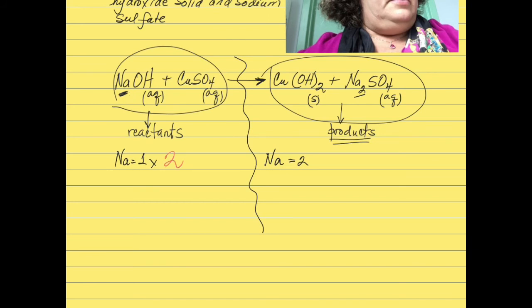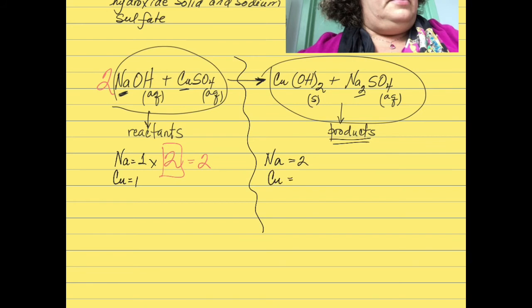Let me erase that from here. So I have to use a coefficient to have my 2, and that coefficient is going to affect everything I have in that compound. I'm going to skip oxygen and hydrogen because those are the last ones that I'm going to balance, and then move to copper. Copper, I have 1 over here.